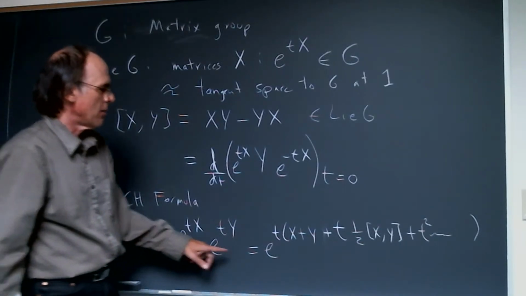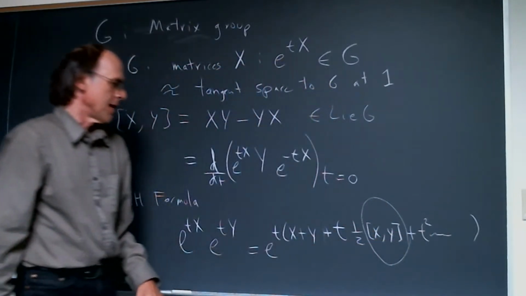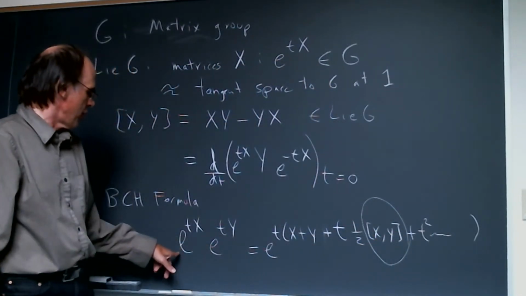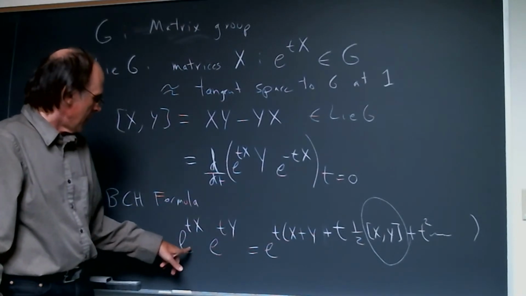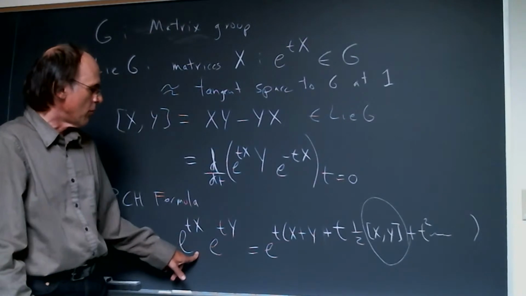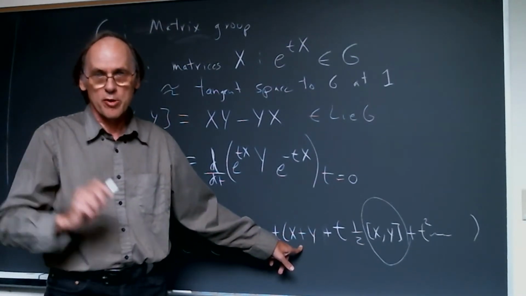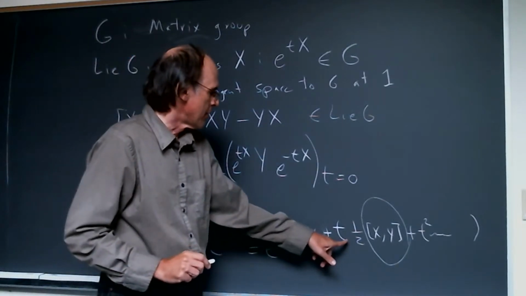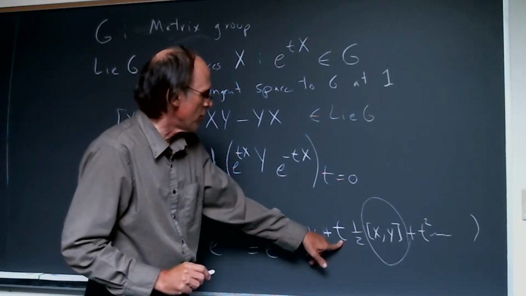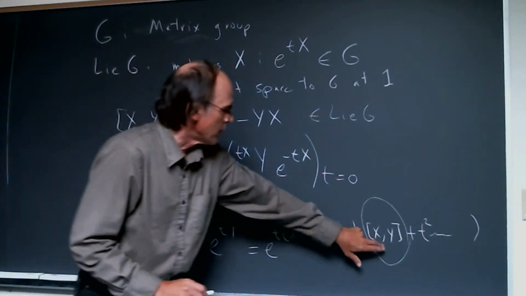Another way of thinking about the significance of this is that the group multiplication is just the normal commutative law, plus at first order, and to the next order in t, something which depends only on this commutator.